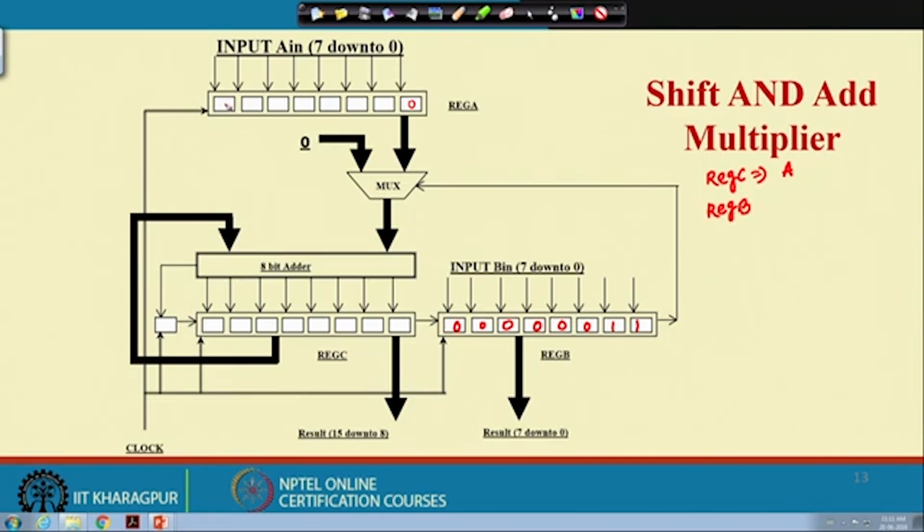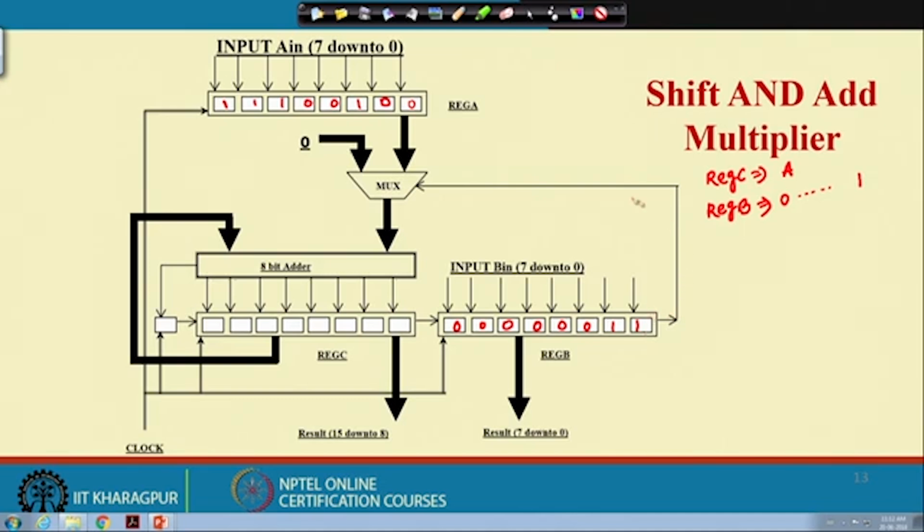If I choose that as, suppose this value of this is, so the register value of this will be all 0 and that will again be shifted to this particular case. Okay.